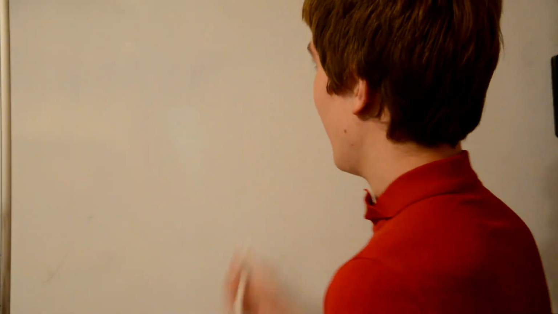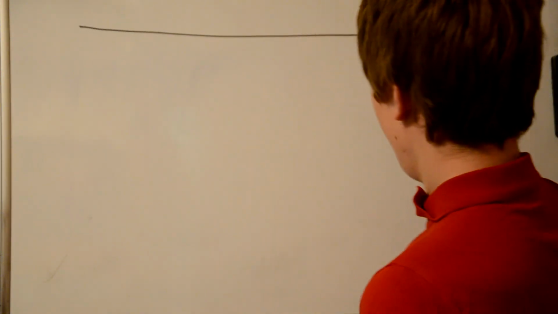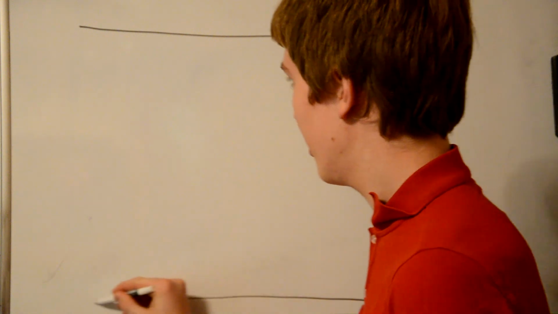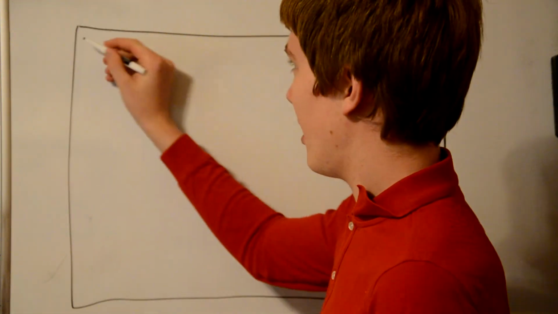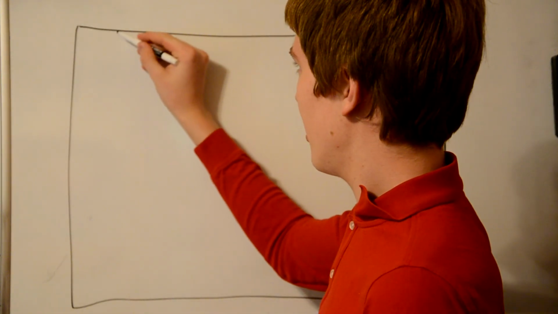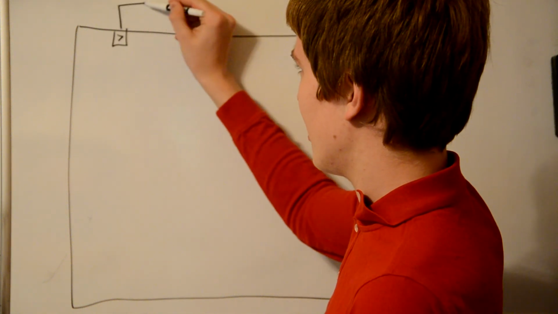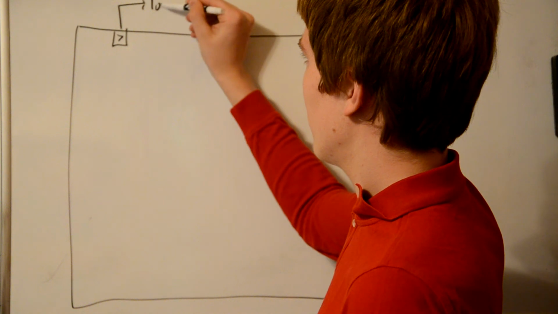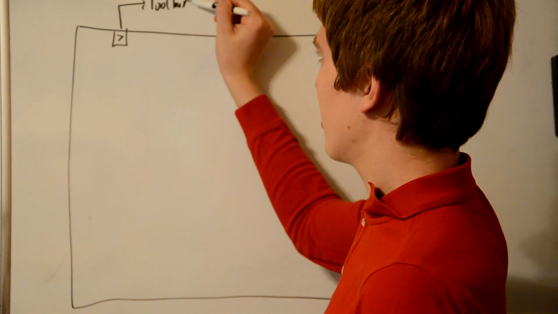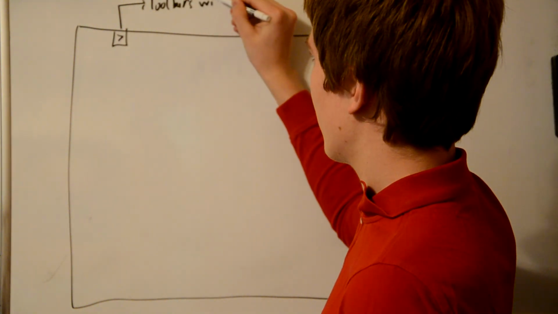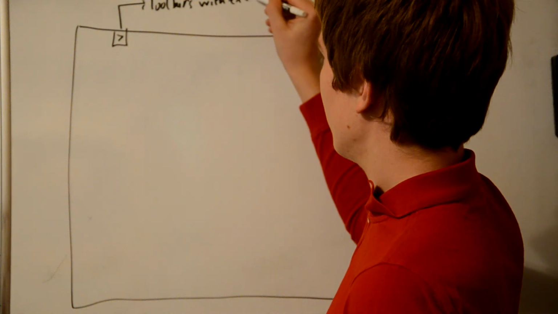So as a general layout, if this were our window, then up here we have a little arrow, and then buried in this arrow are toolbars with extra tools.